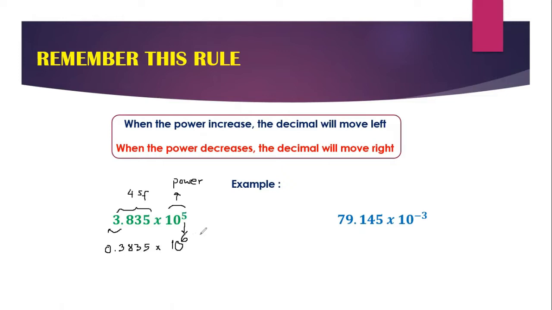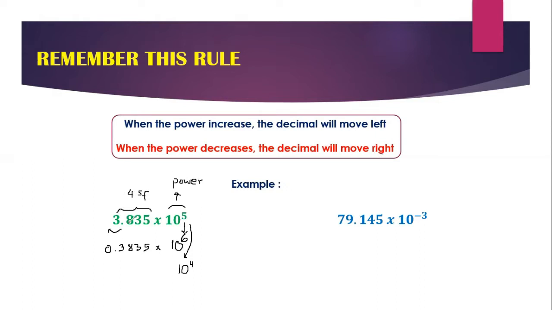Look at the next example. When I move to 10 to the power of 4, 5 to 4 is decreasing, right? Remember the rule: when the power decreases, the decimal will move right.